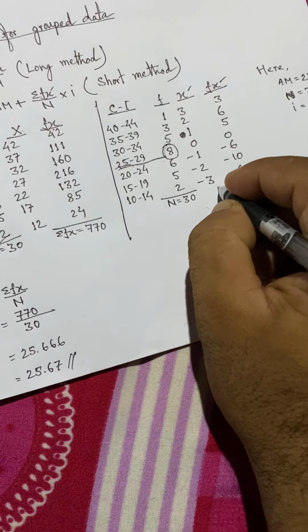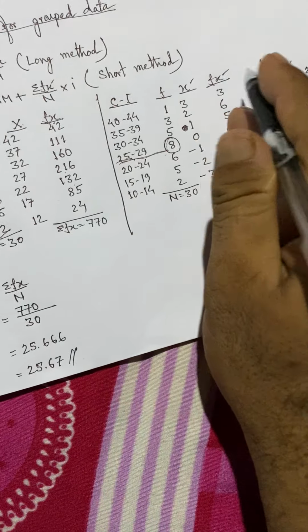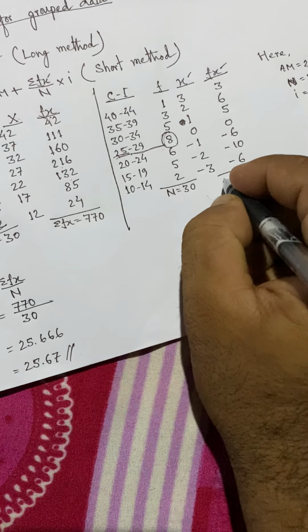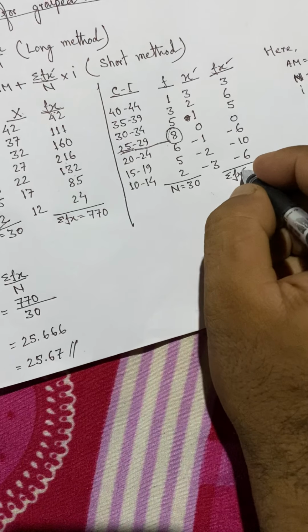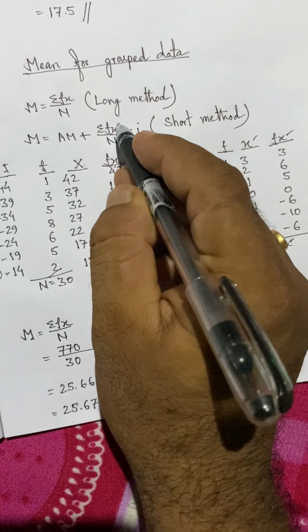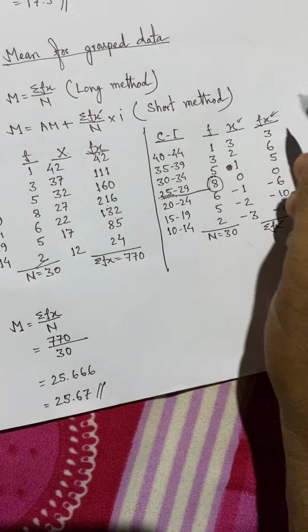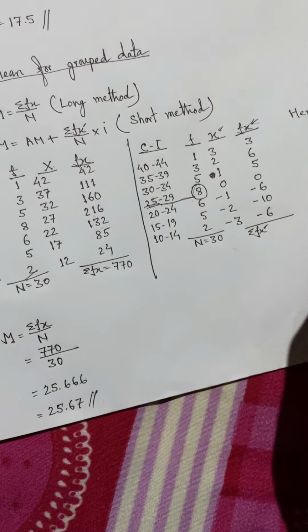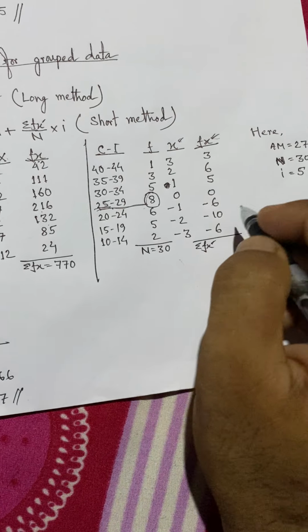Now what you have to do? You have to add all this, sigma fx. This symbol is called deviation, the deviation from the assumed mean, that is minus and plus.